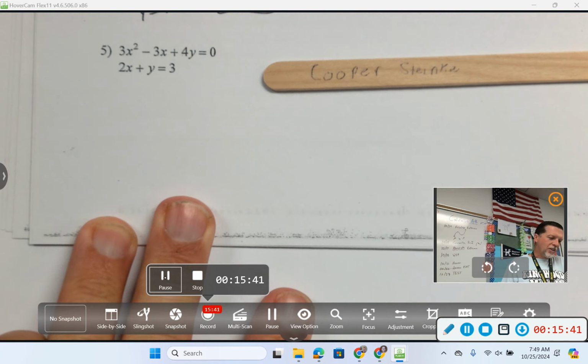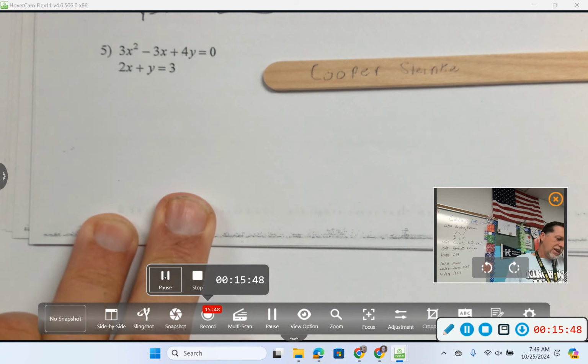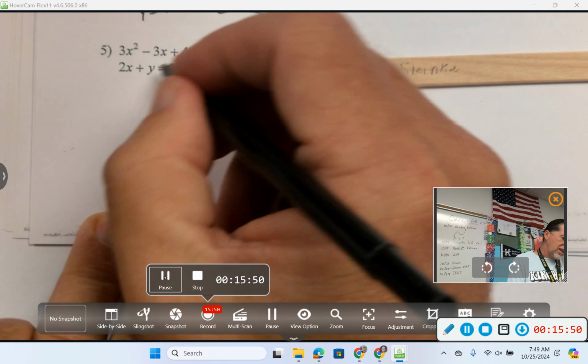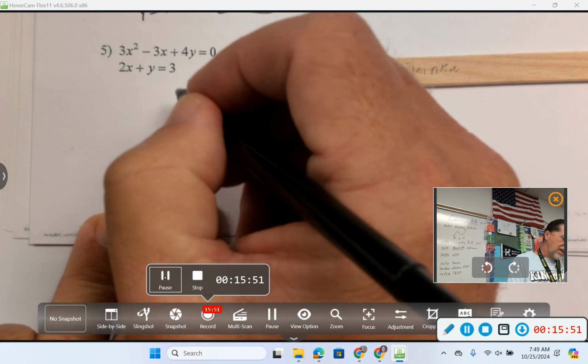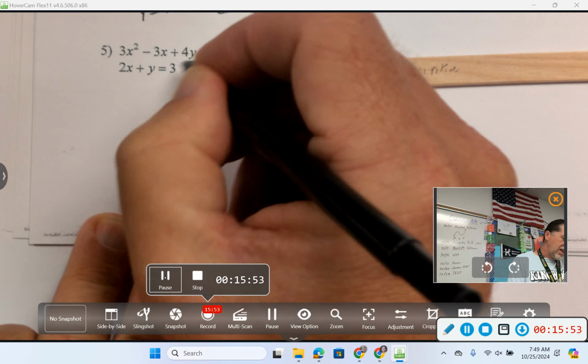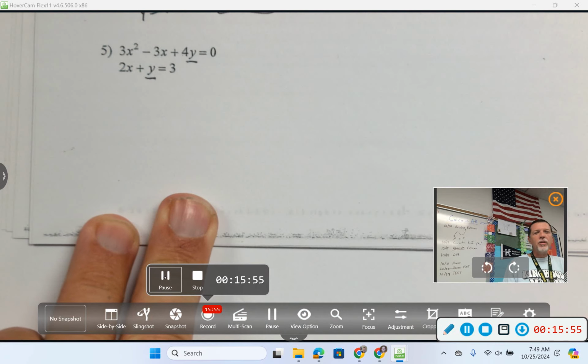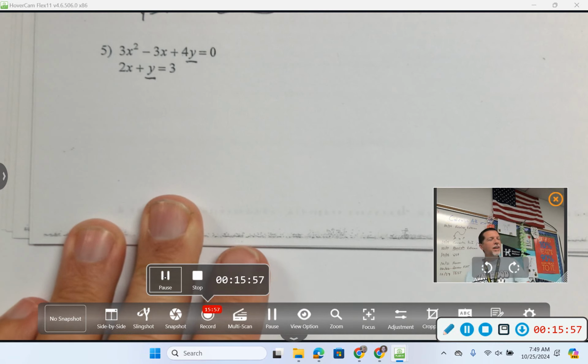Cooper, would you like to solve for X or for Y? Yeah, let's solve for Y. Why do you pick Y? Because all the other ones are X and nothing is just Y. I think it's because that other equation only has one Y in it, and I don't have to worry about square and stuff. So if you pick wisely, it makes the problem a little easier.